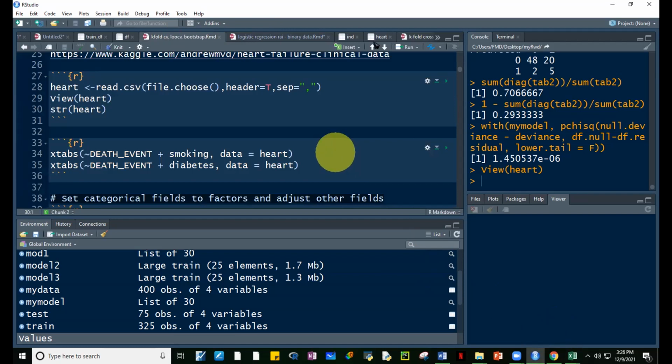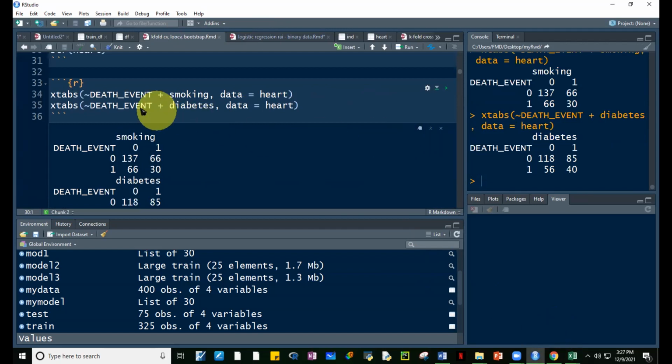We're going to use this data to see how resampling works. Just a quick cross-tabulation. Let's see the relationship between death and smoking, and death and diabetes. Yung mga namatay, as far as smokers is concerned, 66 of the smokers died.